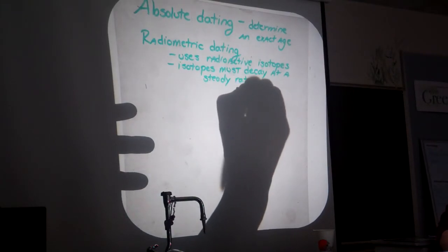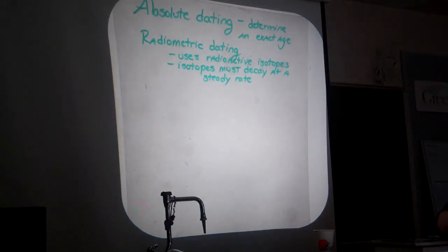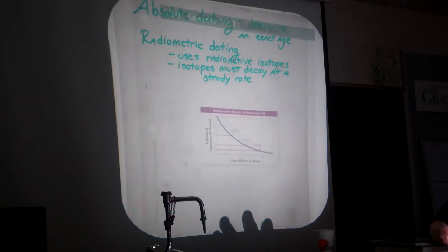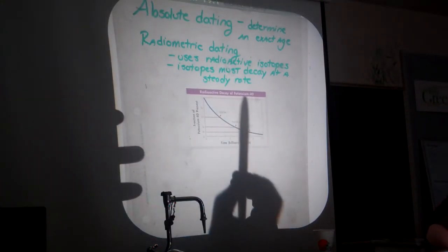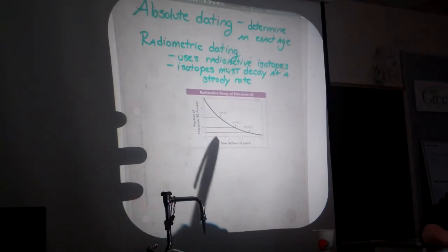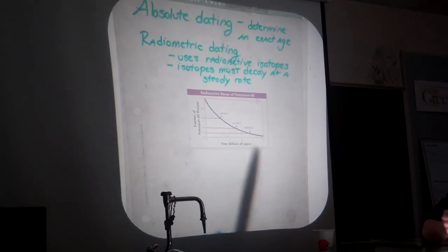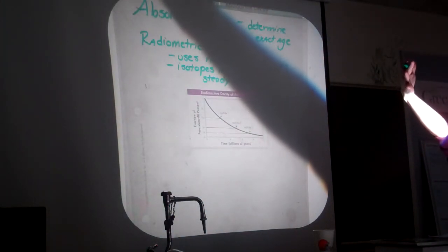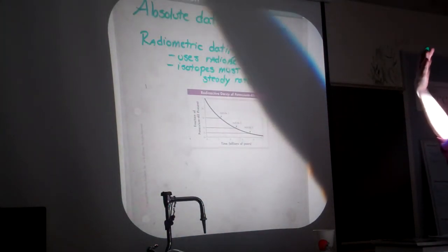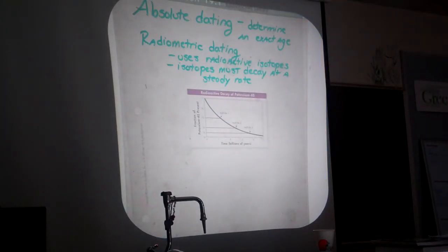What I mean by that is this. Potassium-40 has one half-life of 1.3 billion years. Within that 1.3 billion years, potassium-40 better be breaking down at the same rate throughout that entire time.